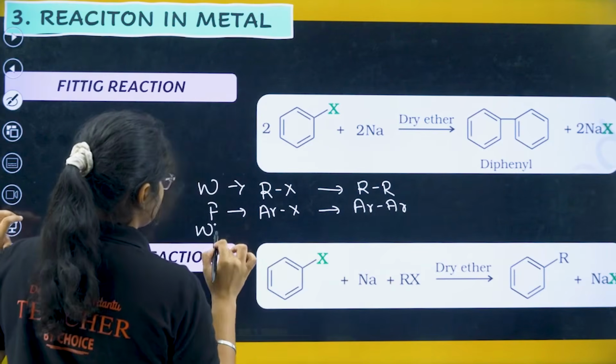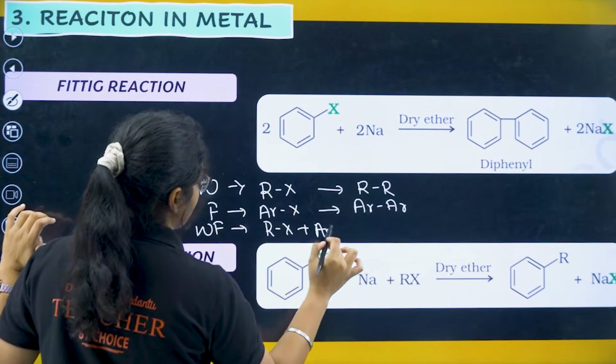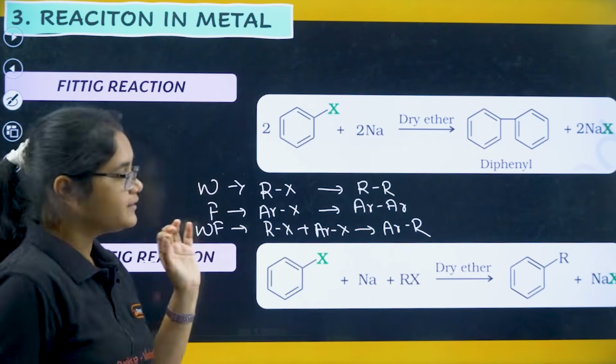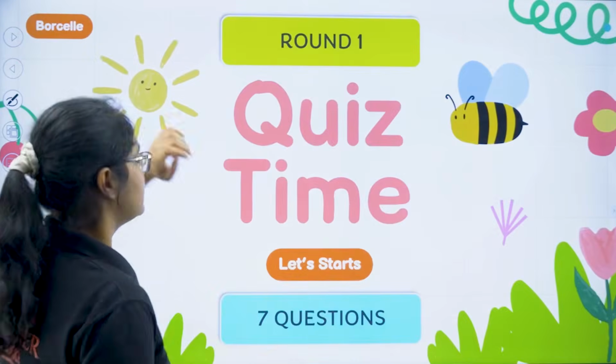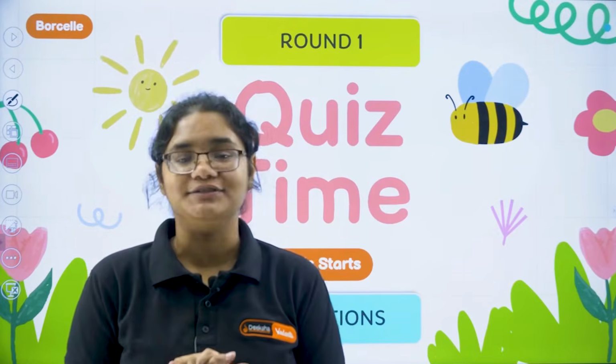Then in the Wurtz-Fittig reaction, you just mix RX plus ArX, so what you will get is Ar-R. With this, we are done with the chemical reactions of haloarenes.